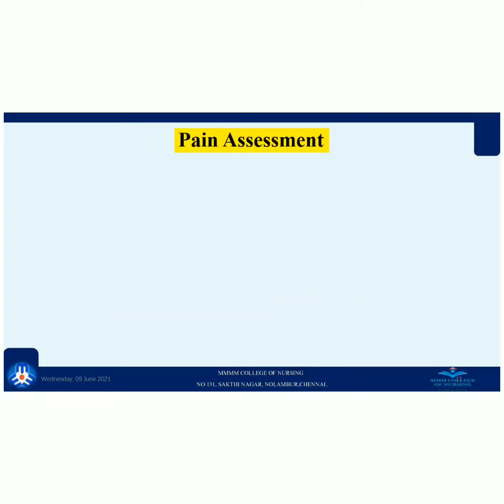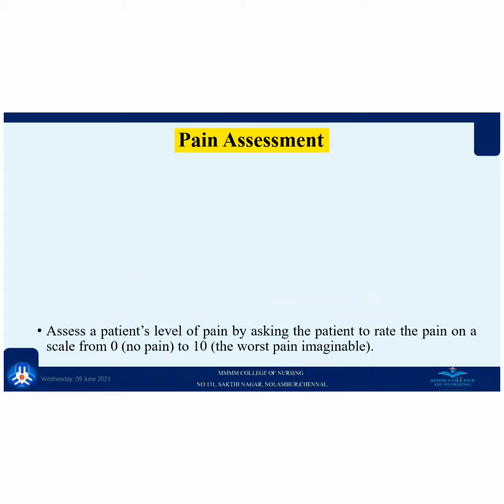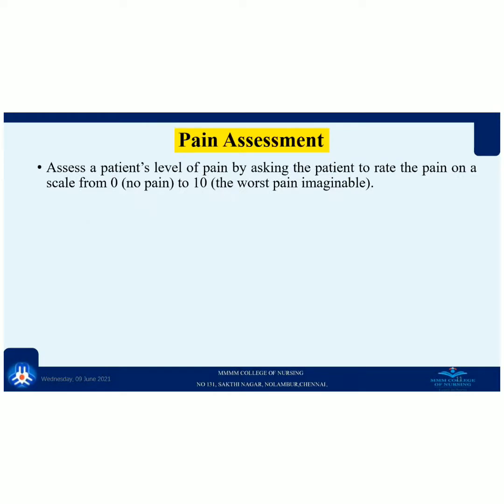How do we assess pain in neurovascular damaged patients? Always assess the pain level of the patient by asking them to rate the pain on a 0 to 10-point pain scale, where 0 indicates no pain and 10 indicates the worst pain imaginable.